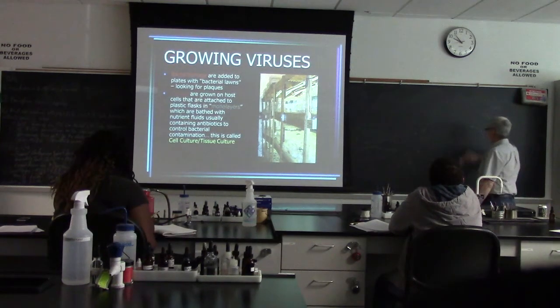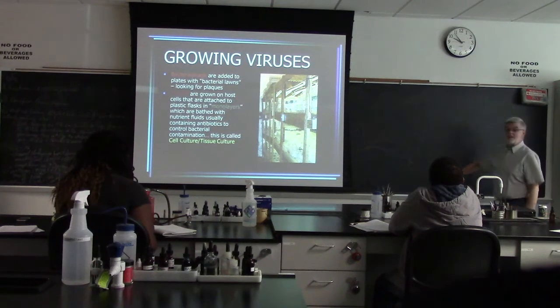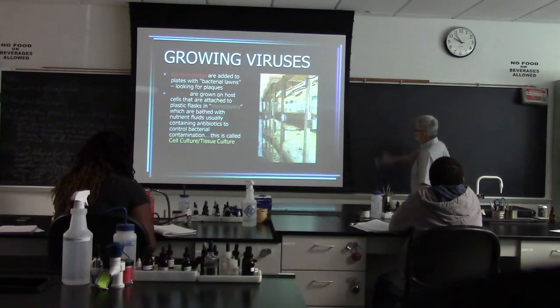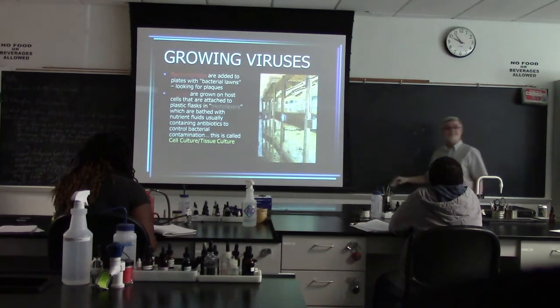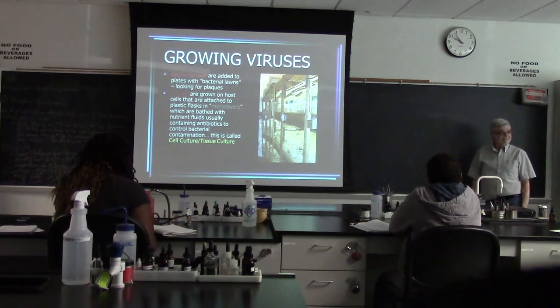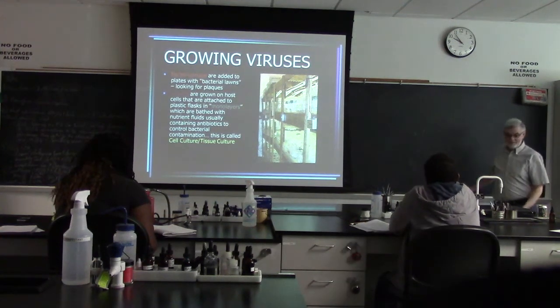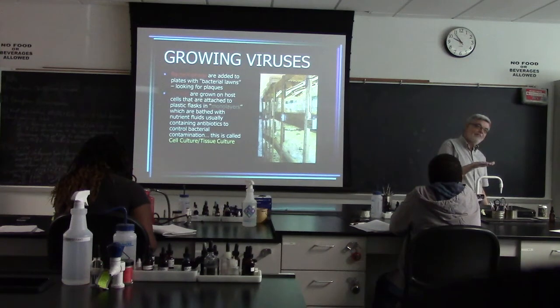One of the interesting things is, if you want to grow a lot of cell culture at once, we have a cell hotel. It's about the size of my briefcase and about this tall, and there are 5 floors of cells.